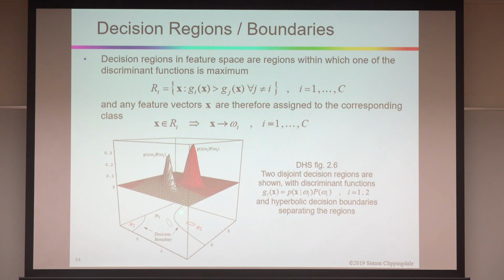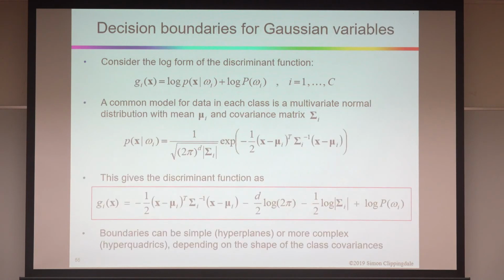The shape of these decision boundaries is going to depend on the shape of these probability distributions and on the prior probabilities of each class. At this point, I used to put a whole bunch of slides in about the different shapes of decision boundaries for different probabilities, but you don't really need it.